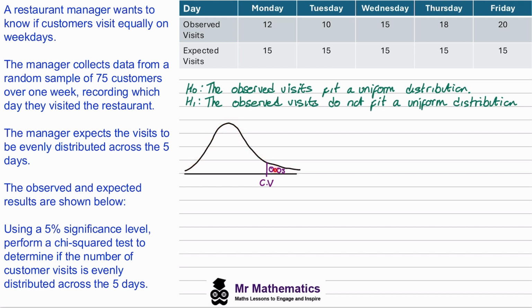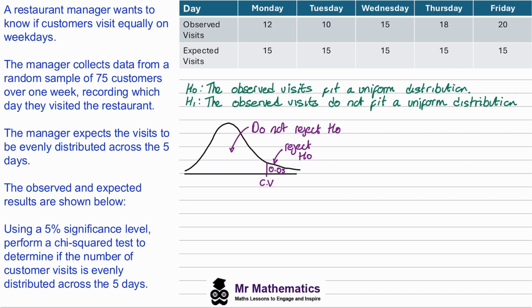So when we're to the right of the critical value, this is where we reject H0. And if our test statistic, which we'll calculate in a minute, falls to the left of the critical value, then we do not reject H0. So our critical value is the line which separates whether we reject or accept our null hypothesis.